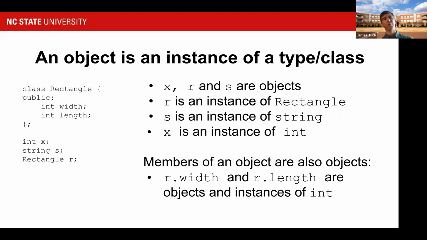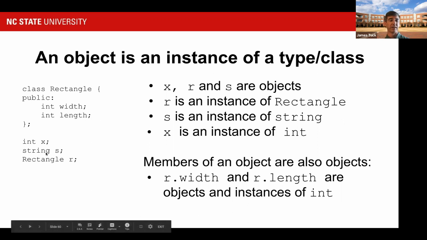Okay, and then an object, we like to call an instance of a given type or class. So here I have my class rectangle again, and when I declare R, R is an object, but then I would say R is an instance of rectangle. And in C++ at least, we don't restrict instance to only refer to objects or classes. You can actually have an instance of a variety of things.